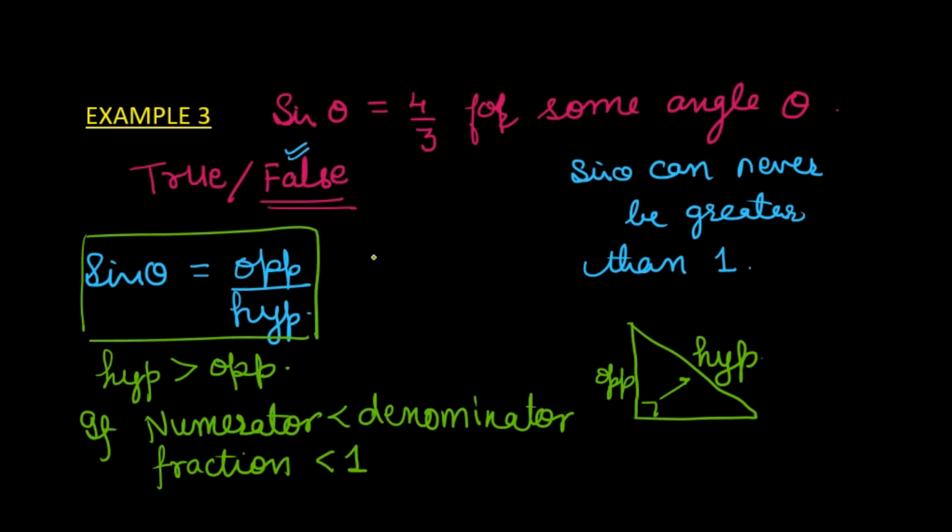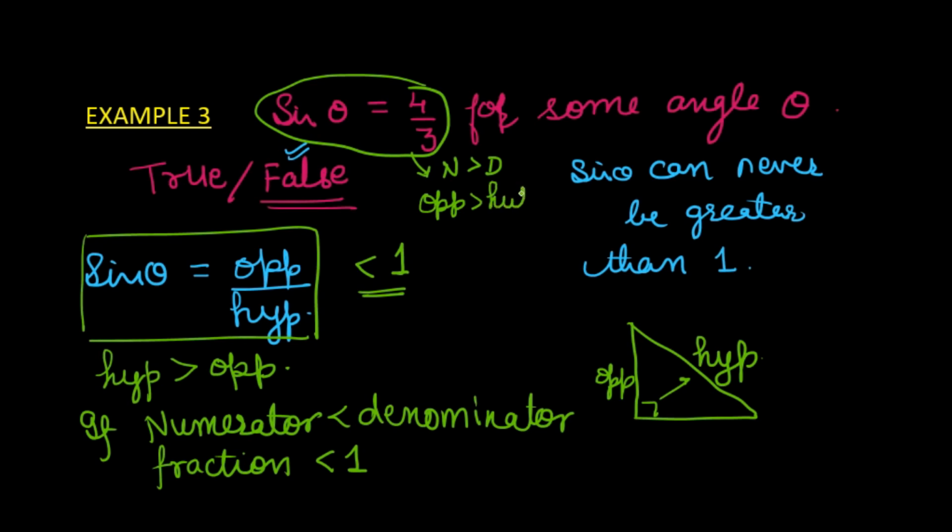So it will always be less than 1. The question given to us is sine theta is 4/3. What are we seeing here? That the numerator is greater than the denominator. Is it ever possible? Can an opposite side be greater than the hypotenuse? No, it is never possible. So this statement is false.